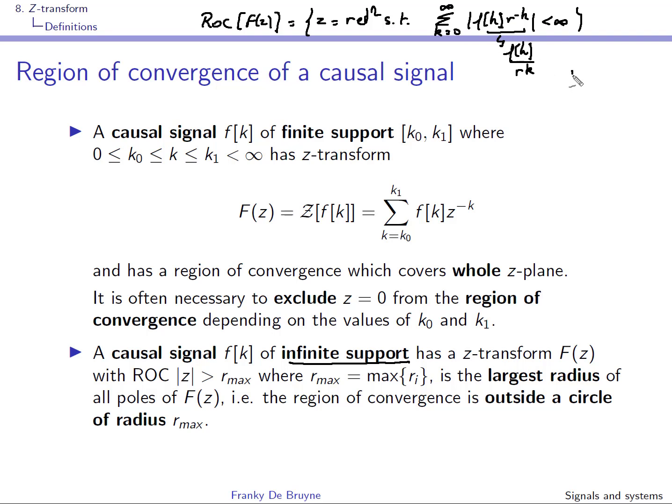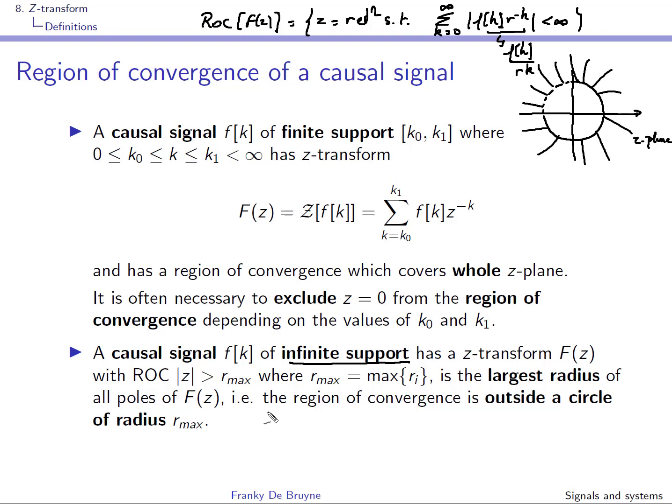So in the z plane, the region of convergence will be the outside of some circle. If the radius becomes large enough, this sum will start to converge. So this is one way to see things.